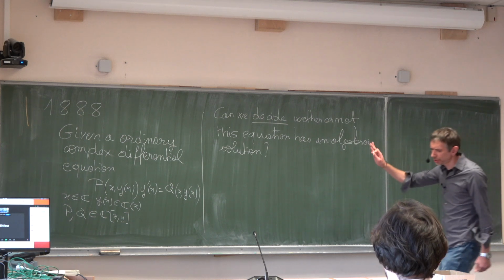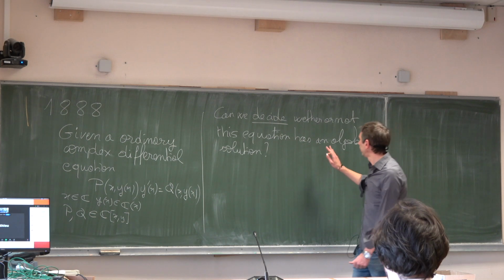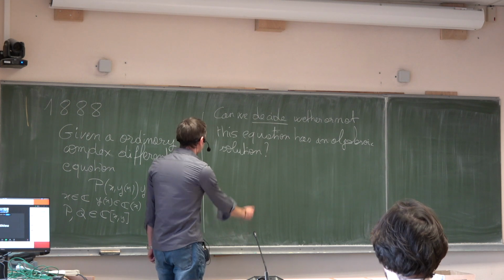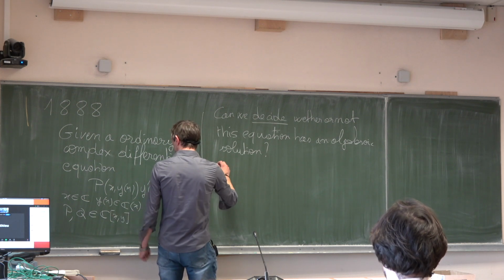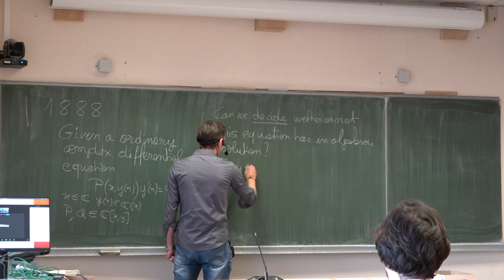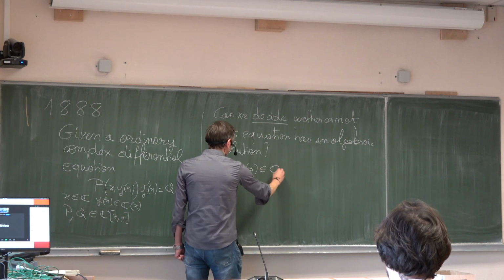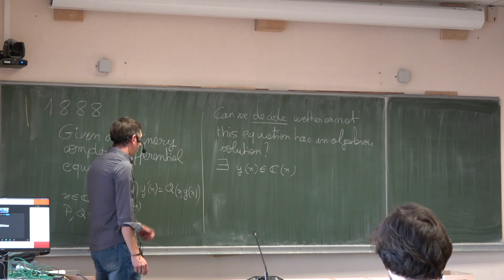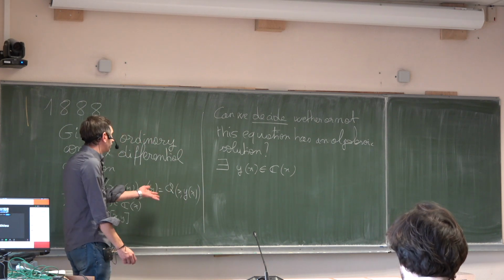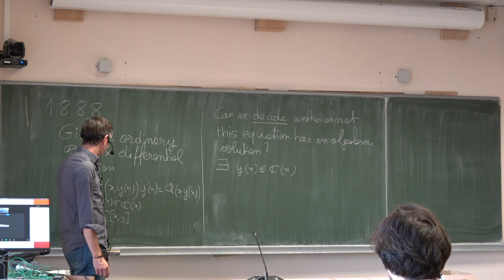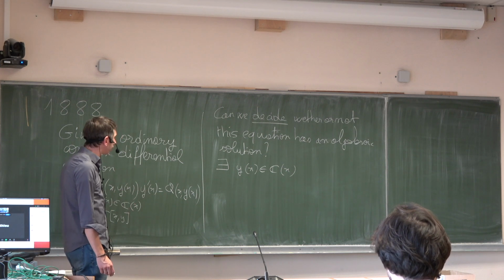Just to be sure, let me say what it means to have an algebraic solution. This is the following. You ask that there exists a function y of x, which is of course a solution, which is differentiable, and is a solution of this equation.